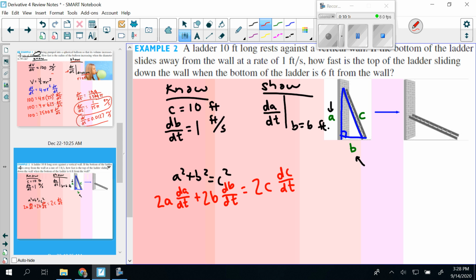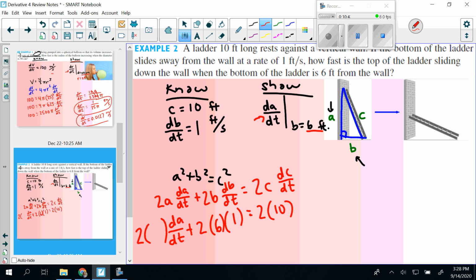Okay, now let's substitute in what we know here. C is 10. We know that dB dt here is 1. We know we're trying to find this when b is 6. We're trying to find dA dt, so it's fine to leave dA dt in our problem here.